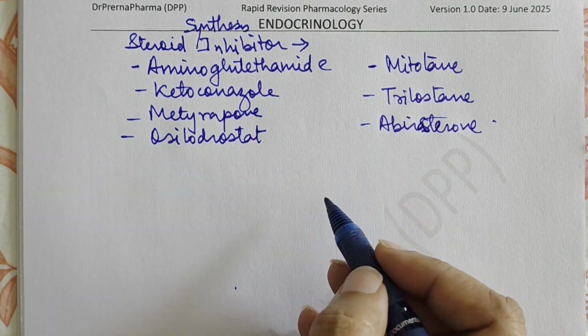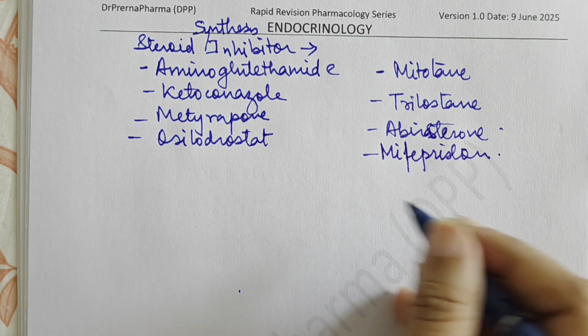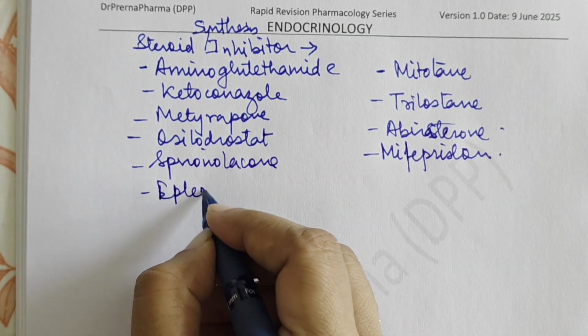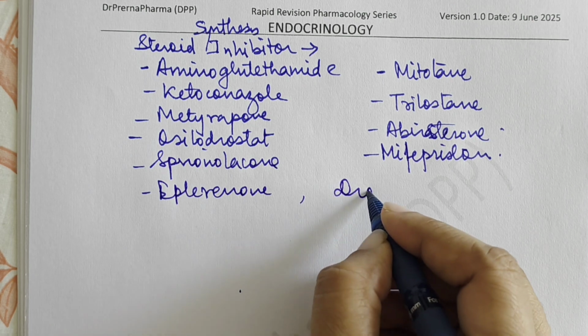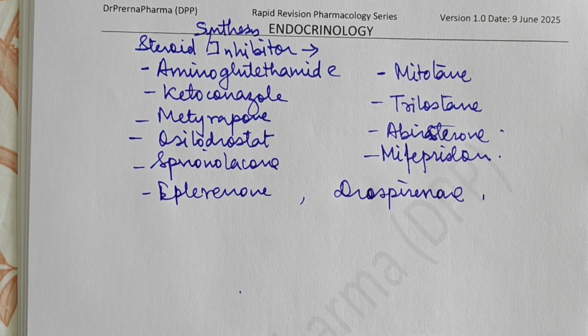So these are the drugs which are seen to have anti-steroid effect. Even mifepristone has anti-glucocorticoid activity. Then spironolactone, and its congener eplerenone and drospirenone. Okay, so these are some of the drugs which cause synthesis inhibition of steroids.